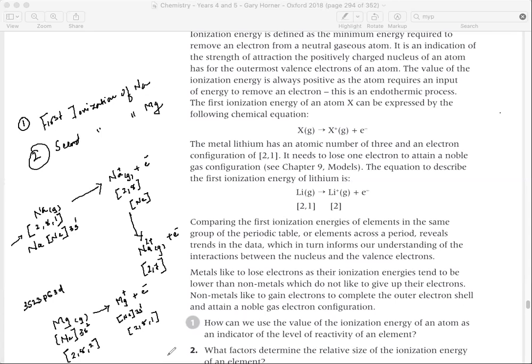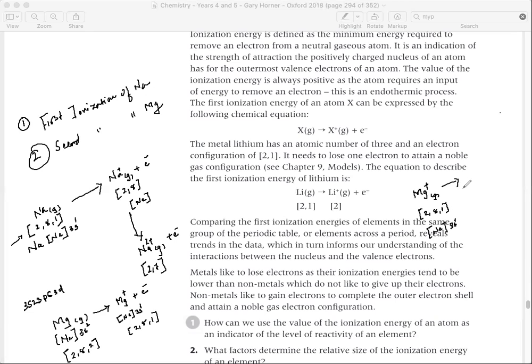Now I have asked for the second. So when you're writing for the second ionization, we need to start with the magnesium ion. What is the configuration of the magnesium ion? 2, 8, 1, that is the configuration of the magnesium ion. If I want to write in terms of orbitals, it is neon and 3s1.